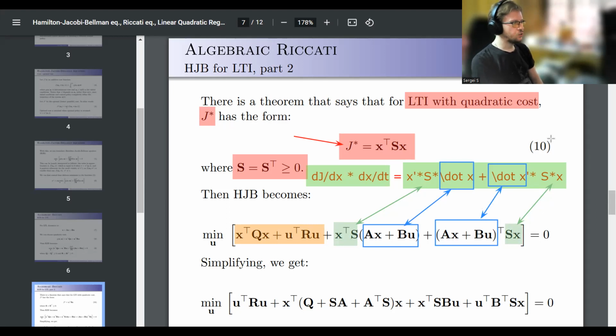Here it's very easy to make a mistake with transposes and stuff like this. So this way with x dot, I recommend it because it makes it much easier not to make a mistake. One way to make a mistake here is to just compute dJ/dx, and then multiply it by x dot. That is one way to make a mistake.